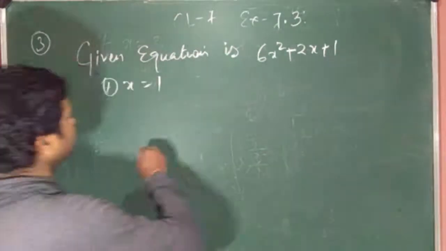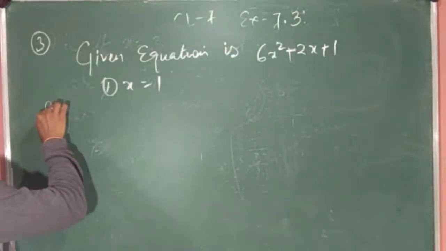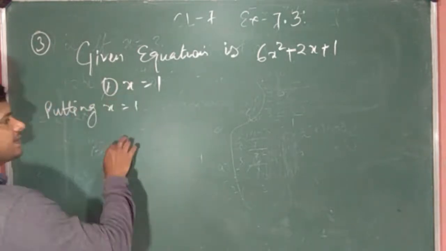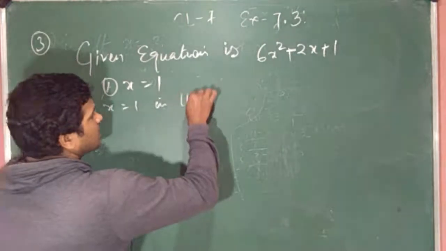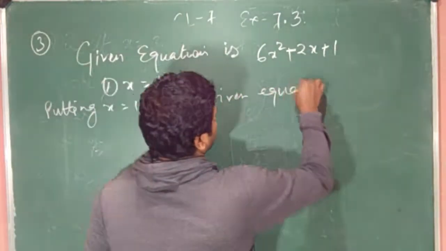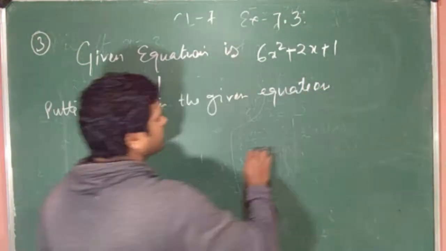So putting x is equal to 1 in the given equation.